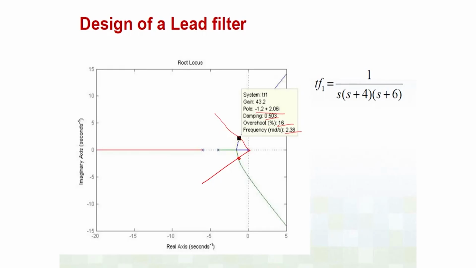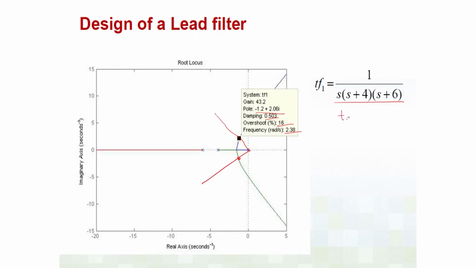Now, keep in mind that this is different from when it was a completely open loop system like this. I have already assumed a closed loop system, and the closed loop system is already giving me an overshoot of 16%, but it is not giving me the settling time corresponding to this value.